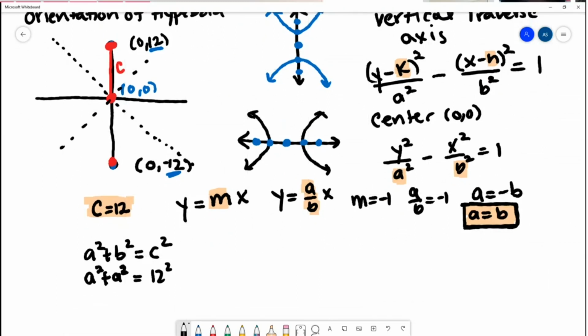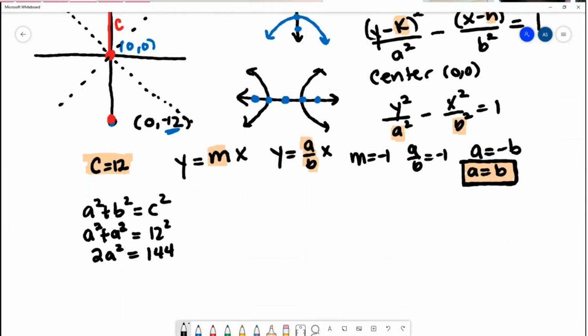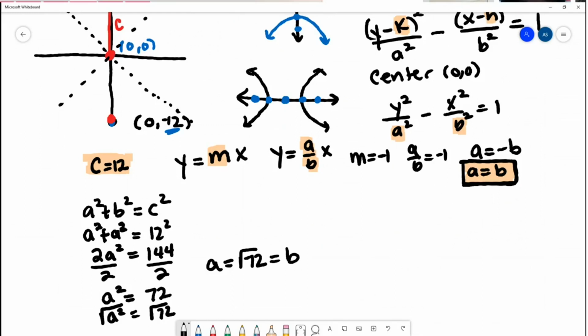And a squared plus a squared is 2a squared. 12 squared is 144. I'm going to divide both sides by 2 and get a squared equals 72. And I will square root both sides. That gives a is equal to the square root of 72, and that means b is also the square root of 72.